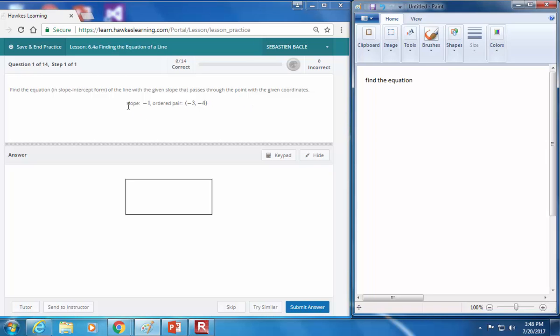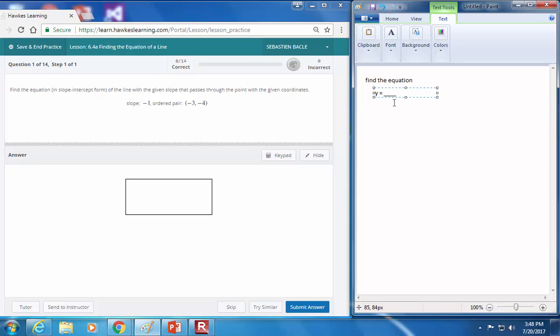How does this work? You'll be given some information and you have to put it into that y equals mx plus b formula. You have to write your final answer in that formula. Y equals some number times x and then plus some number at the very end. So we'll just do a very quick example here. My first step, and again watch that other video for a good step-by-step breakdown of this, is to write out the y equals mx plus b.